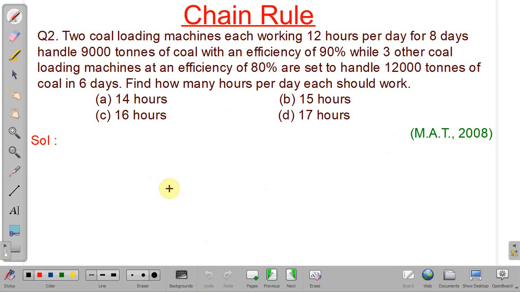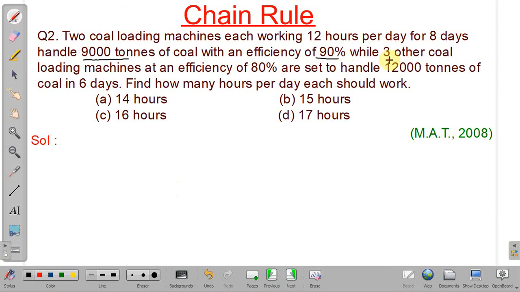See, in this problem what is given? Two coal handling machines, and each machine is working 12 hours per day for 8 days, and total coal handled is 9,000 tons. Efficiency of these two machines is 90%.